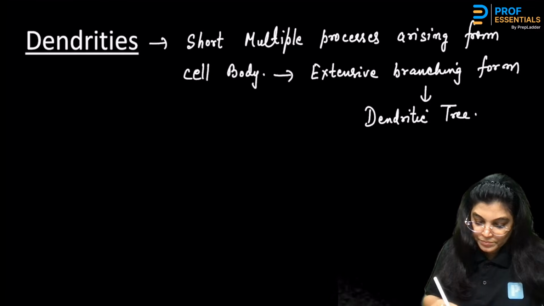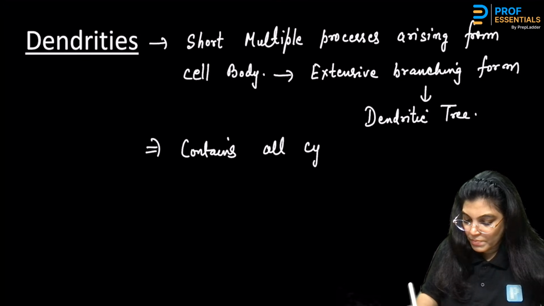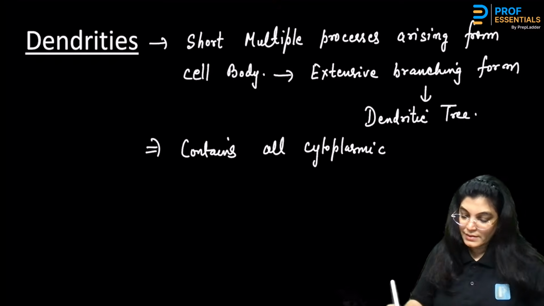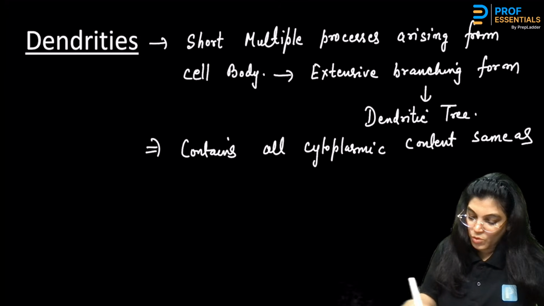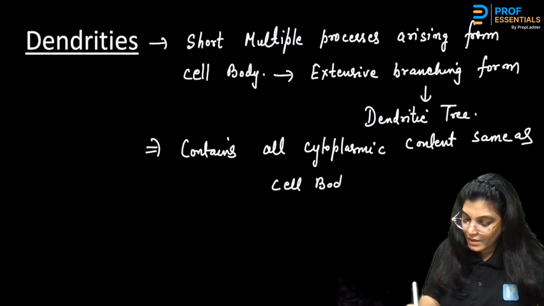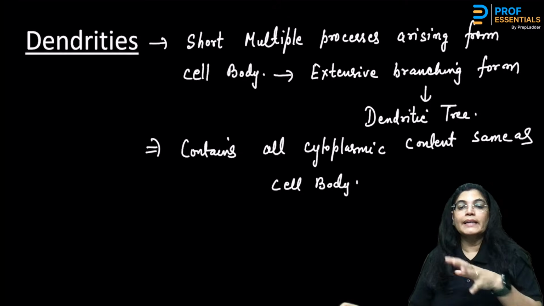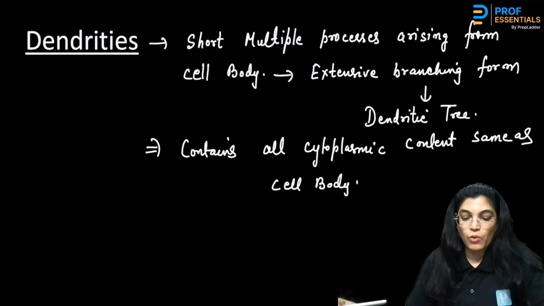So write down: dendrites contain all cytoplasmic content same as the cell body. So no need to write everything once more. You just understand by one line that the content will be the same.